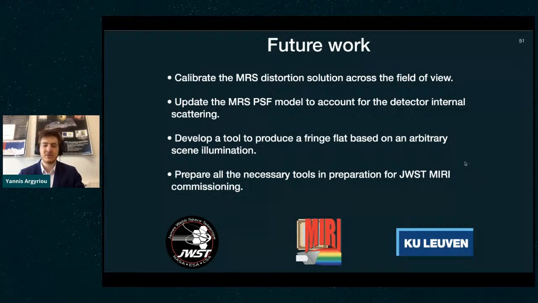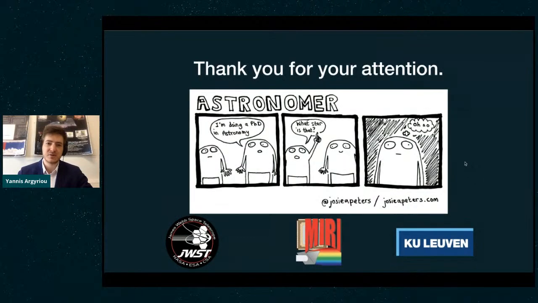Thirdly, we will develop a tool to produce a fringe flat based on an arbitrary scene illumination, since we know how the fringes behave across the PSF, and we can combine this information to produce fringe flats based on arbitrary illumination of the detector. And fourthly, we need to prepare all the necessary tools in preparation for JWST MIRI commissioning, which is slated to start at the end of this year. Fingers crossed. So with that, I would like to thank you for your attention, and I welcome any questions you may have.